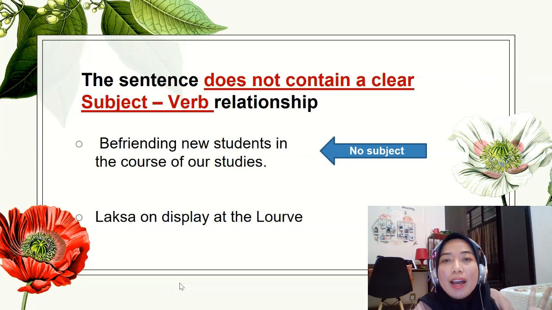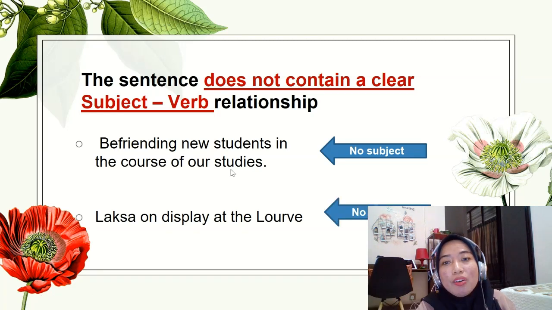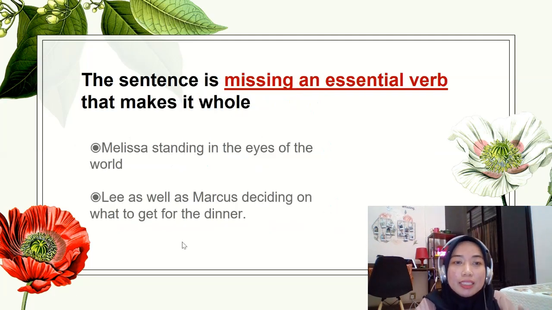So you need to add the subject in front of it, because befriending here is the verb. New students in the course of our studies is the idea of the whole sentence. Okay? For the second one, what's missing here is the verb is. So laksa is on display at the Love, for example. Okay, so that is it.